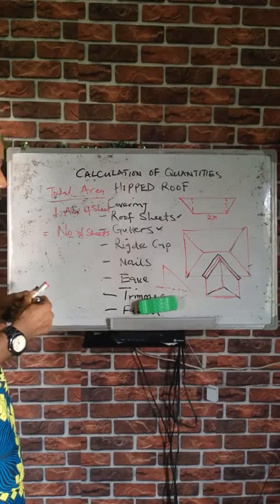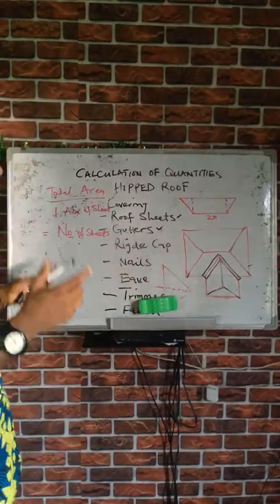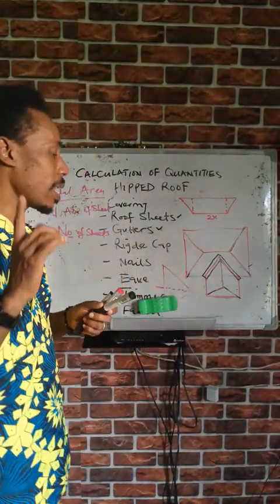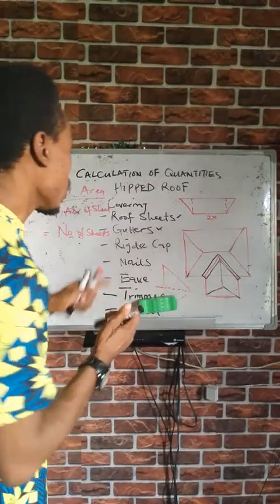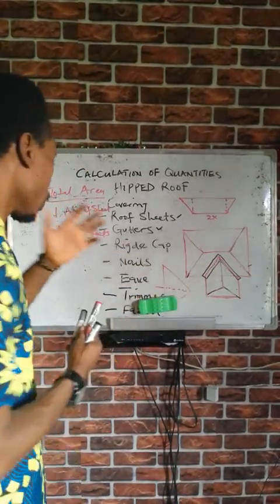Once you add them up, you divide by the length of one ridge cap. That will give you the number of ridge caps required for the roof.